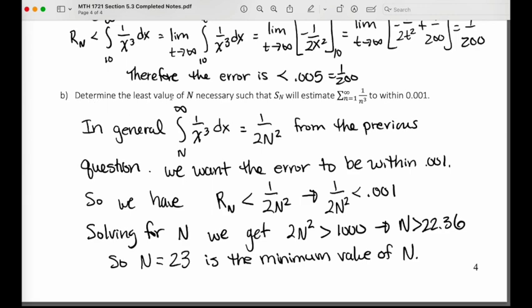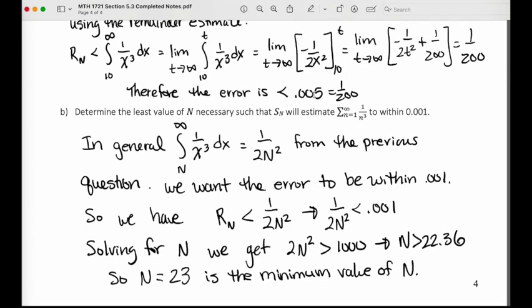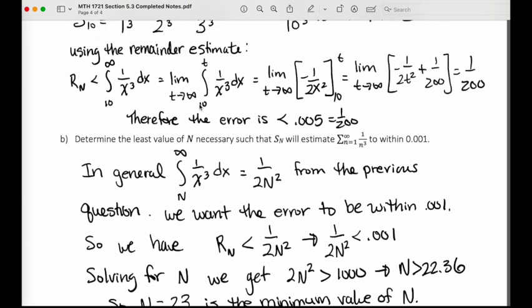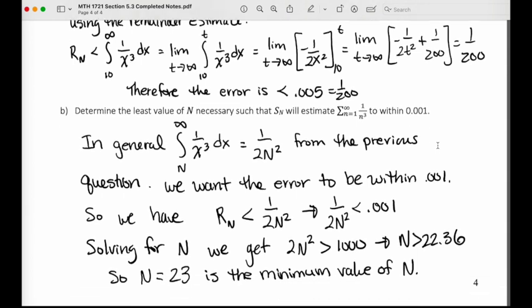So if I want to find the smallest value of n necessary so that our partial sum will give me an estimate for this series within 0.001, when we did it with 10 up here in part A, we got an error of 0.005. We want it to be less than 0.001. So we've got to go further out than 10 if we wanted to have an error of 0.001.